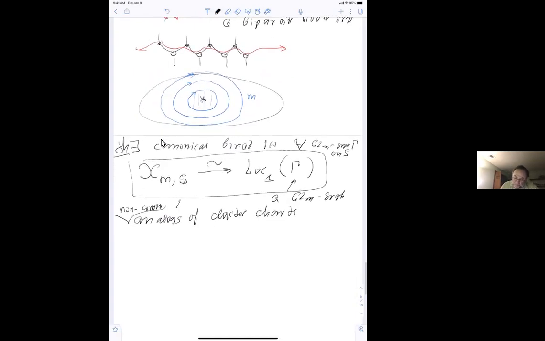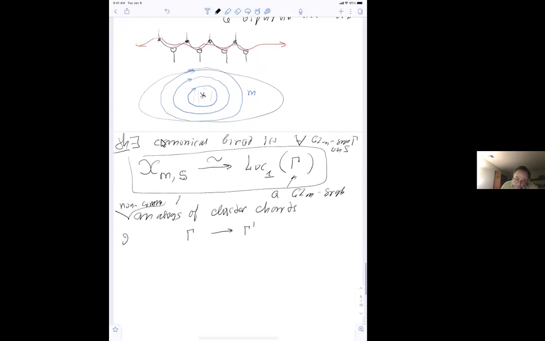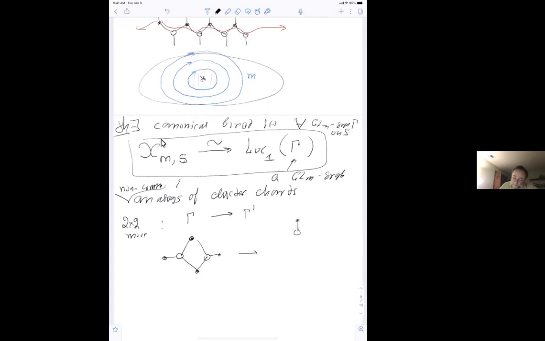And then if you have different graphs, let's say gamma and gamma prime, there is some kind of elementary move, which is called the 2x2 move. It works as follows. You take a graph which has a subgraph of a very specific shape, like this. And then you transform it to a graph which has a shape of a different kind, like that. And so this is a 2x2 move.